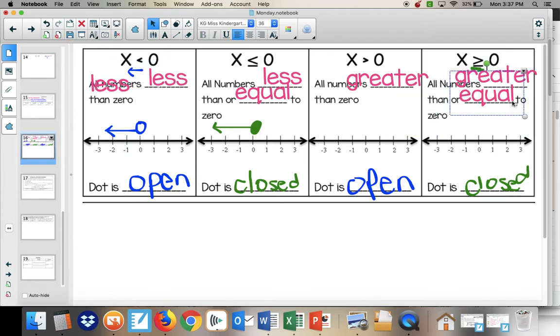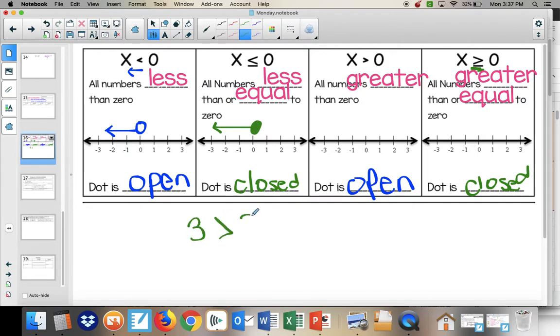Back in elementary school, you probably remember that if you have 3 and then 2, 3 is greater than 2, the alligator eats the bigger number and it points to the smaller number.